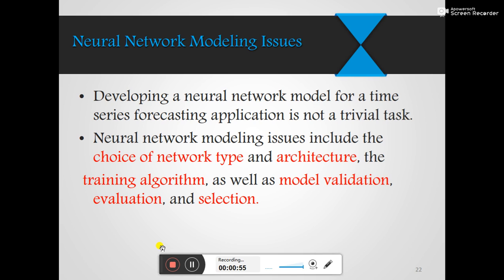In case of neural network modeling issues, developing a neural network model for a time series forecasting implementation is not a trivial task. You need to adapt to the situations. Neural network modeling issues include the choice of network type and architecture, and the training algorithm, as well as model validation, evaluation, and selection.